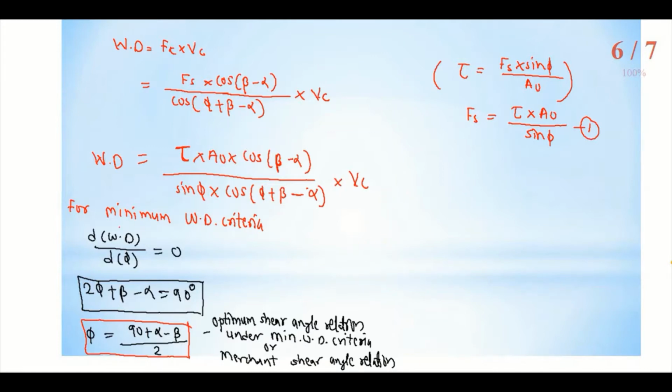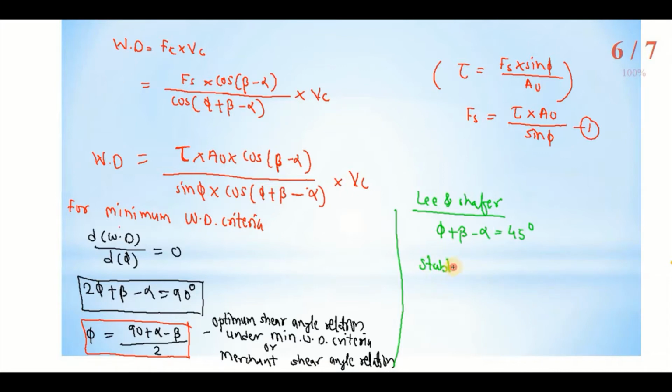This relation was validated by Lee and Shaffer, who found a different equation, phi plus beta minus alpha equal to 45 degrees. This is called the Lee and Shaffer relation.